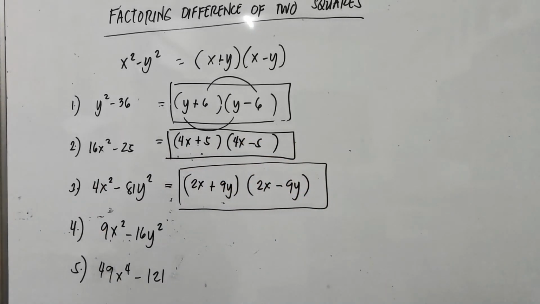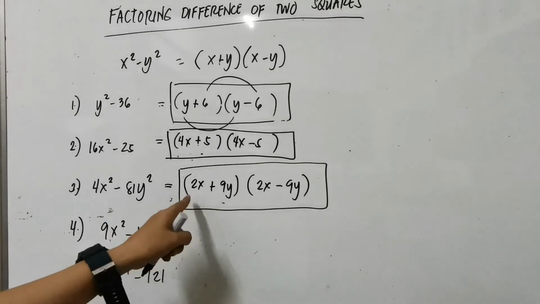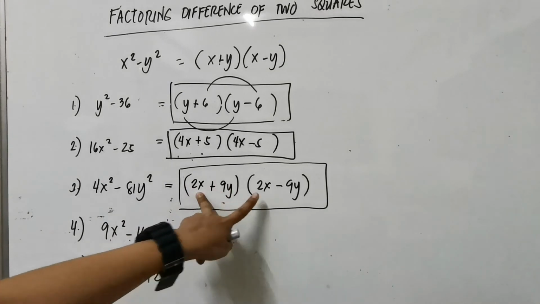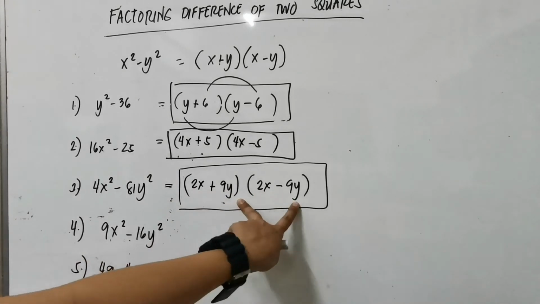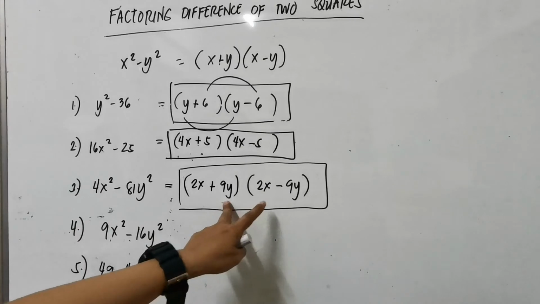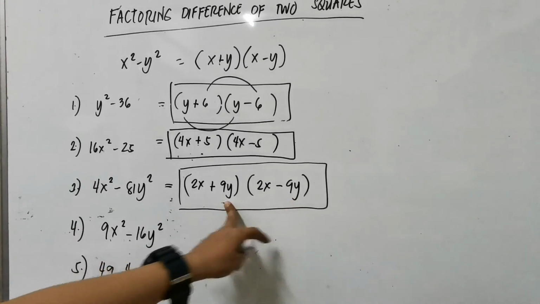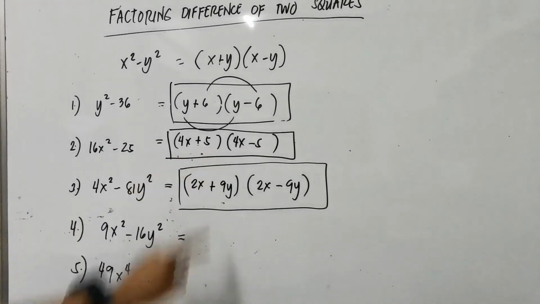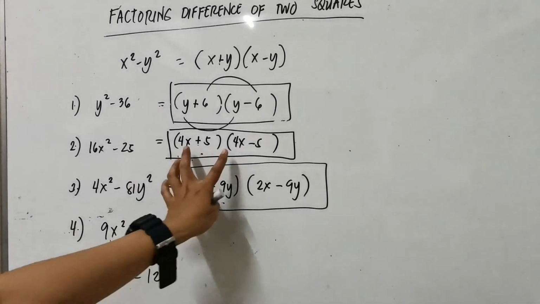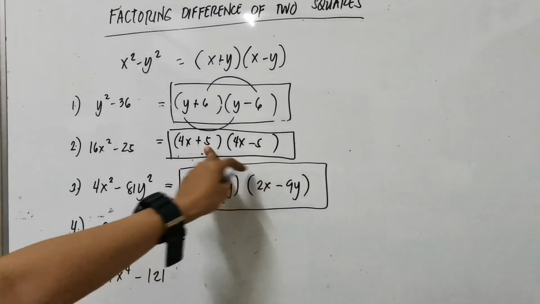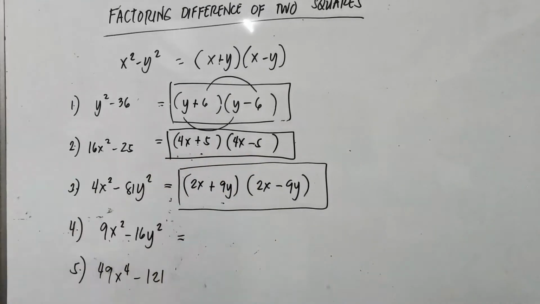So, palagi lang natin i-check. Halimbawa, after natin isulat yung sagot, gusto mo pa rin i-check kung tama kasi simply multiply these two. So, we have 2x times 2x, 4x squared. 9y times negative 9y is negative 81y squared. The same din sa ating given number 2. 4x times 4x is 16x squared. 5 times negative 5 is negative 25.